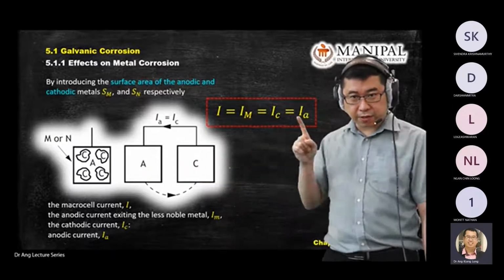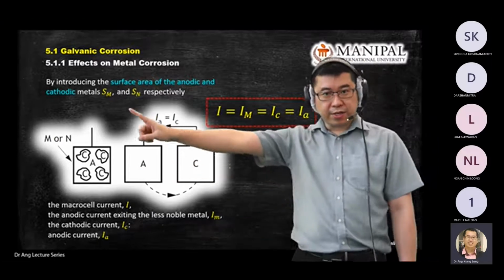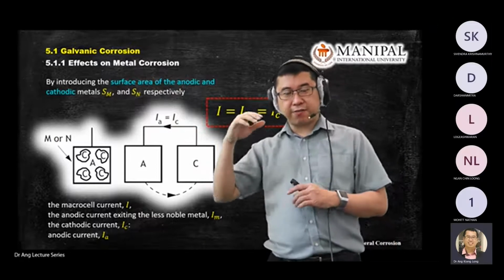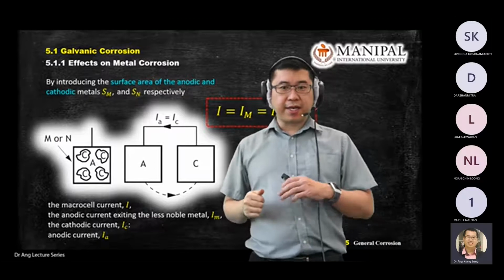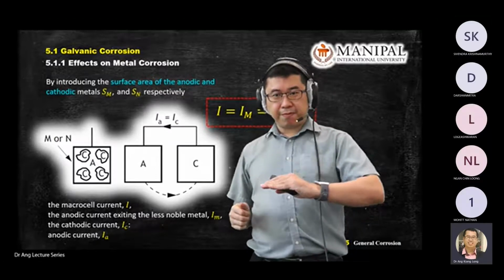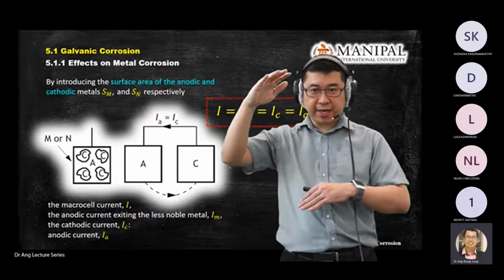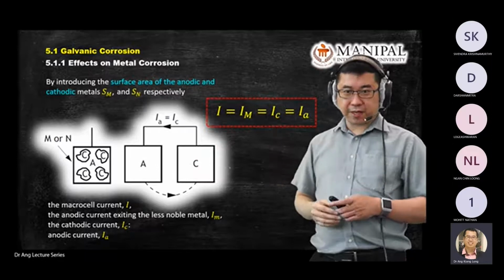So this is the first equation we derive. And for the surface, we also have two types, anode surface and cathode surface, or M and N: M less noble, N noble, or high nobility.